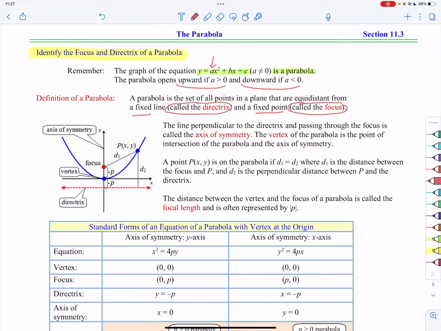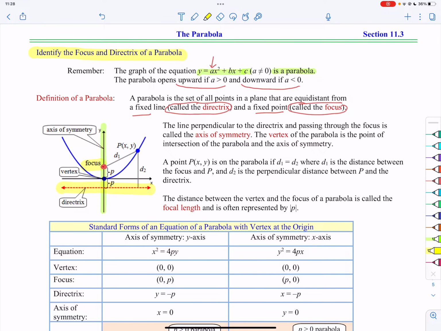So as you can see, here is our focus. Right here, our axis of symmetry we're getting ready to talk about in a moment. And you can see that is where the vertex is located, and we are opening up or down. And here is our directrix.